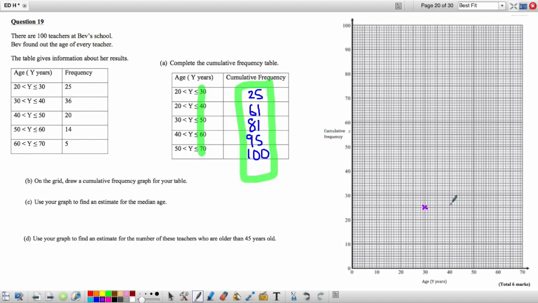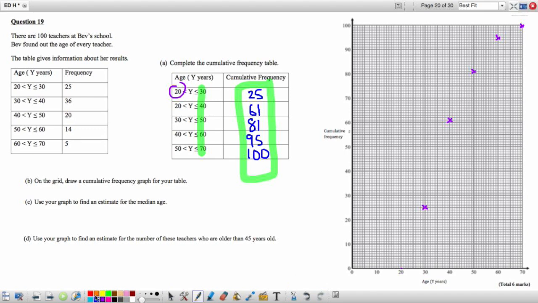We then have 40 and 61 here, 50 and 81, 60 and 95, and 70 and 100. We're then going to come down in a curve and go all the way down here to 20 because this is our starting value.